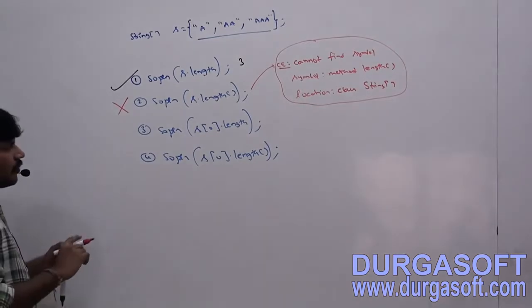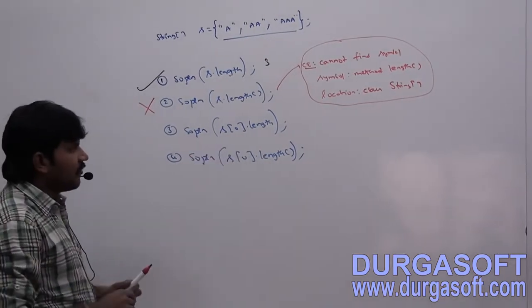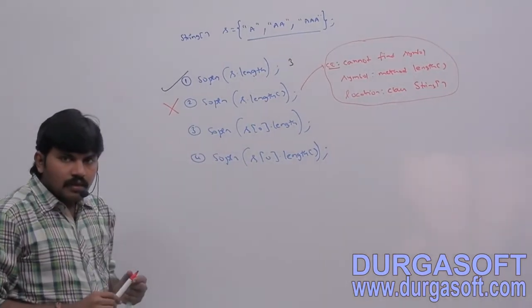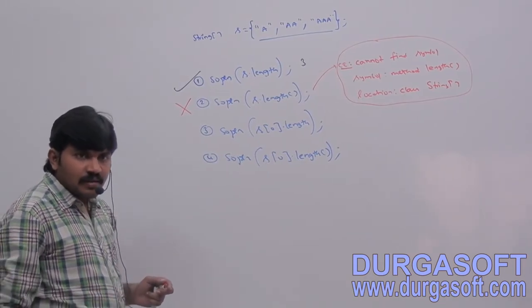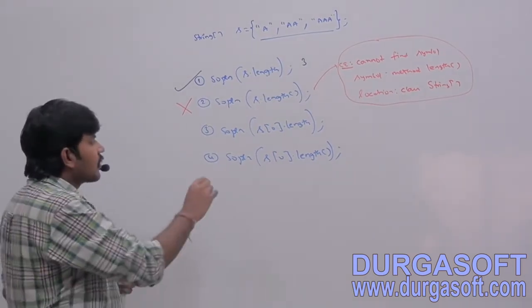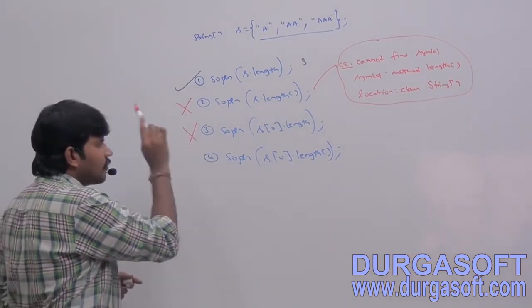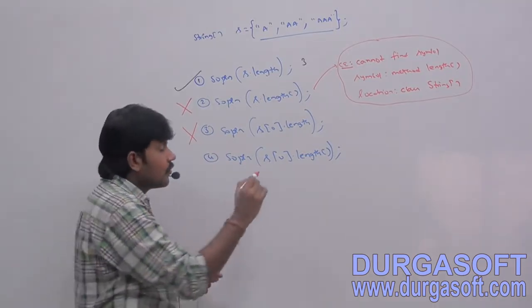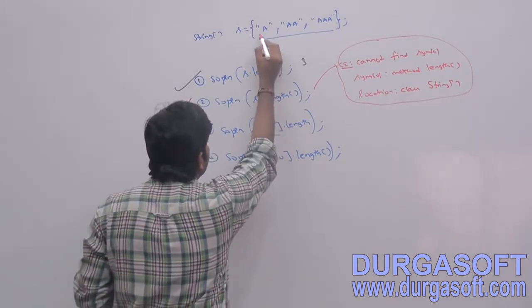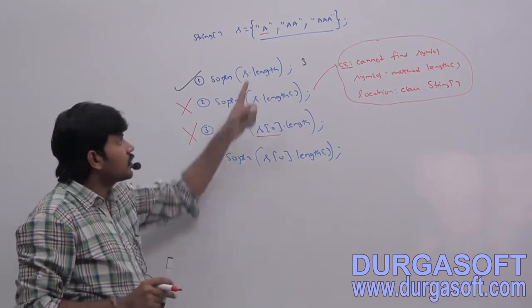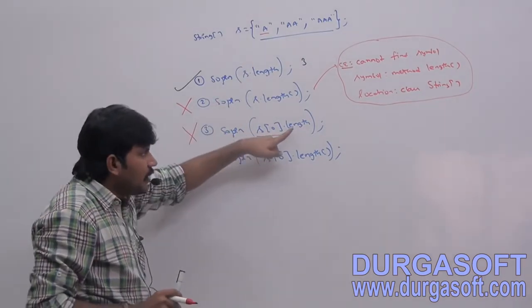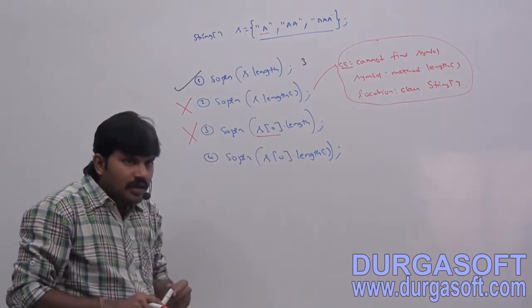Now s[0].length: valid or not? Is it valid or invalid? We are going to get a compile time error. s[0] is nothing but a string, the first element in that string array. For a string, is the length variable applicable?